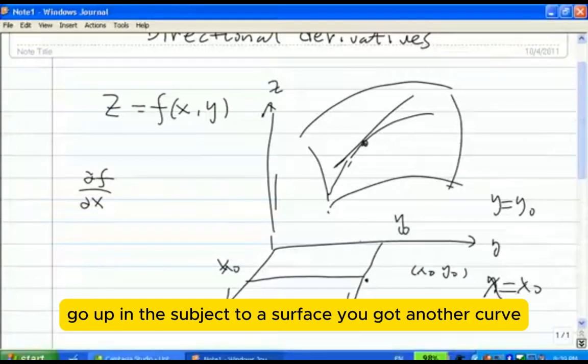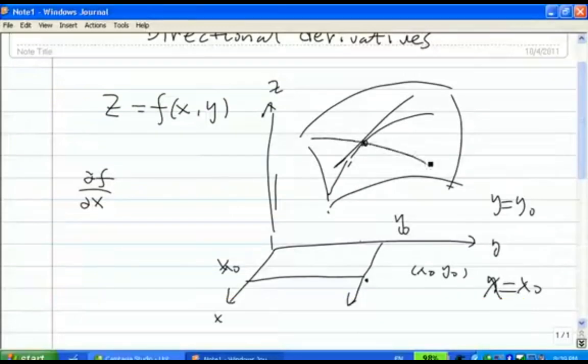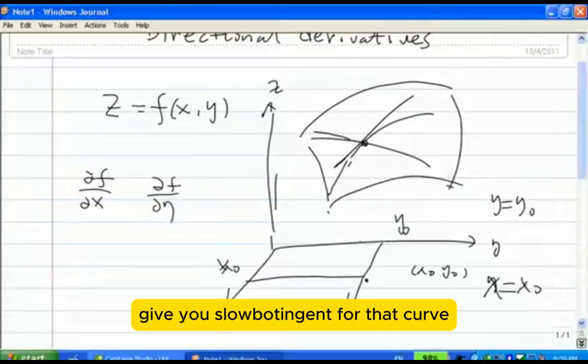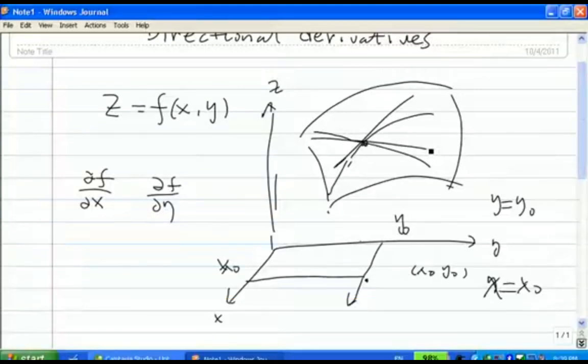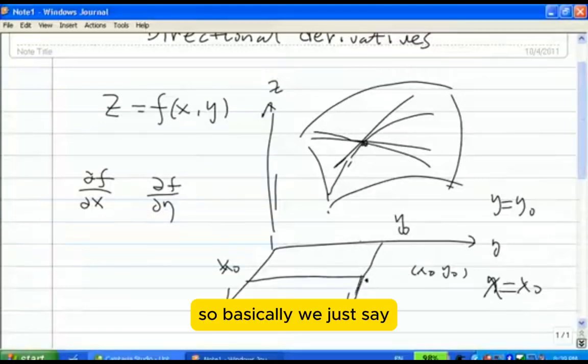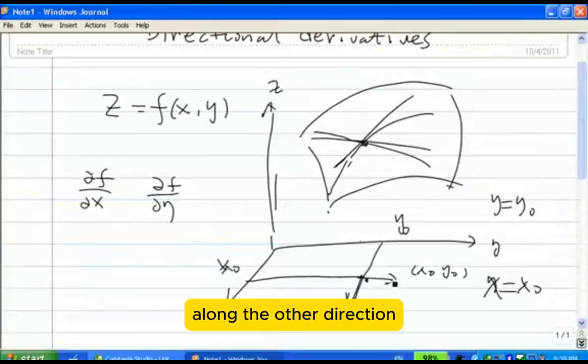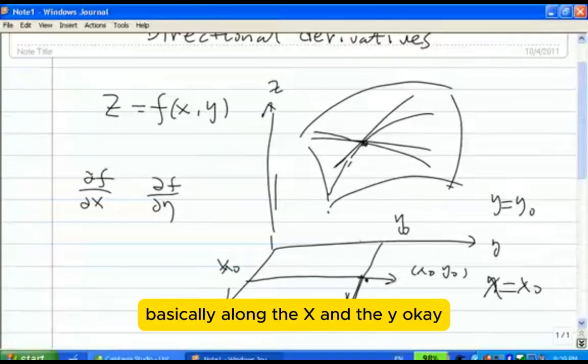Going up, you intersect the surface and get another curve. Then partial f with respect to y gives you the slope of the tangent for that curve. So basically, one is the derivative along this direction, and the other is the derivative along the other direction, basically along x and y.